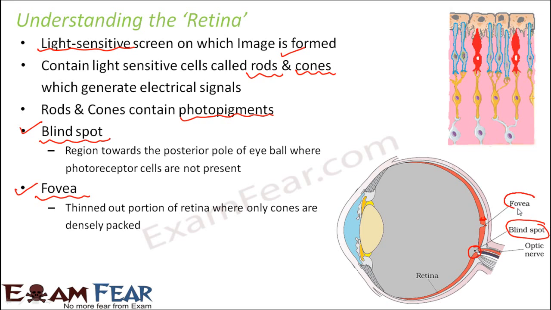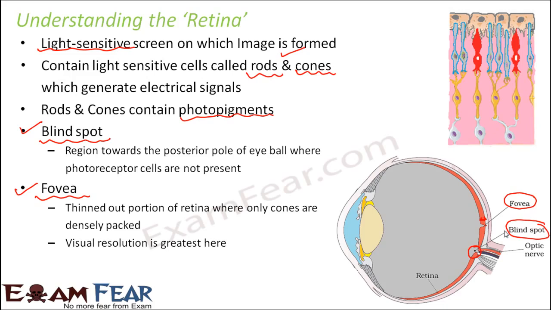So this region is called the fovea. Why did I define these two regions? Because these two regions are distinctly seen on the retina due to the irregular distribution of the photoreceptor cells. When we are discussing the photoreceptor cells, we should talk about the blind spot and fovea, because there the rods and cones are not uniformly distributed.